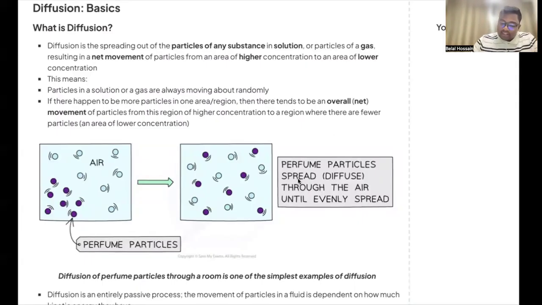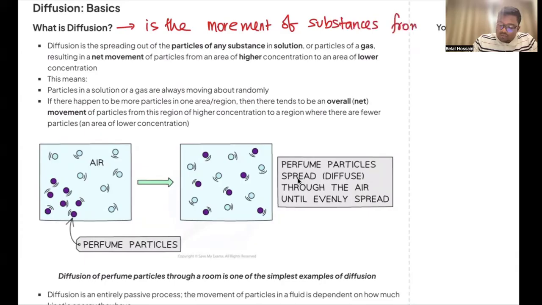So in simple words, diffusion is the movement of substances from a region of high concentration to a region of low concentration.